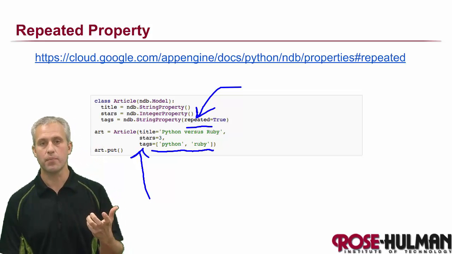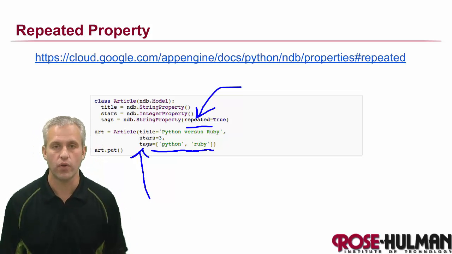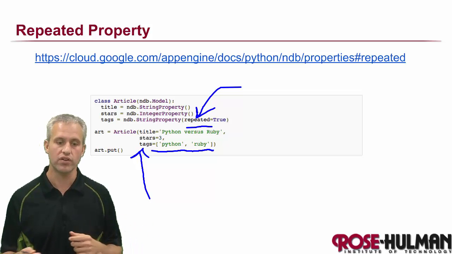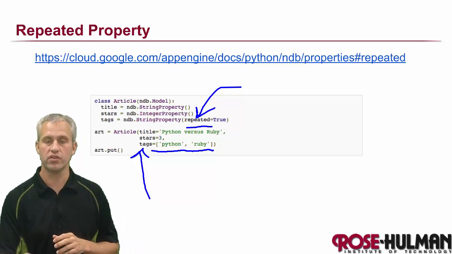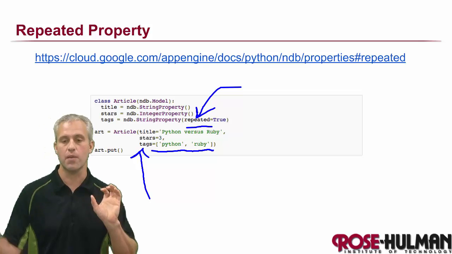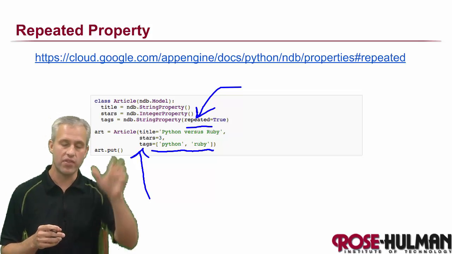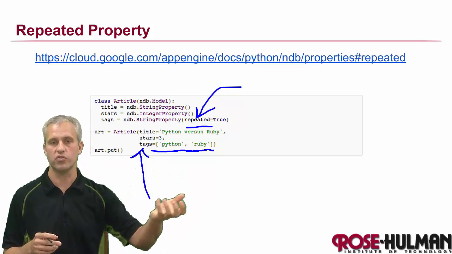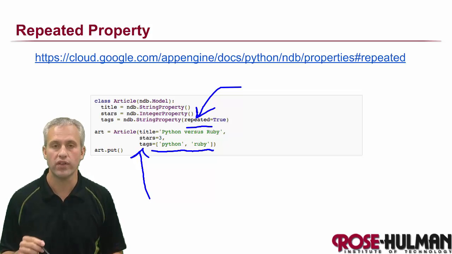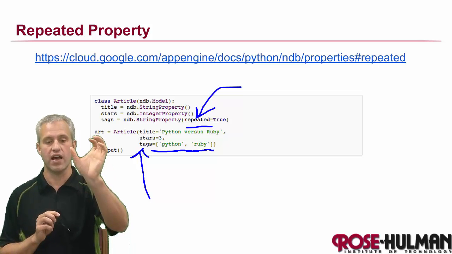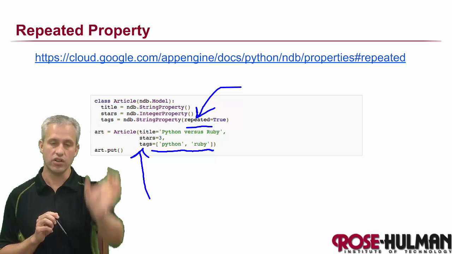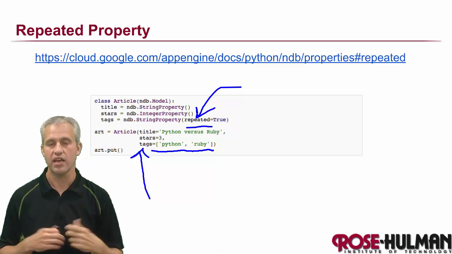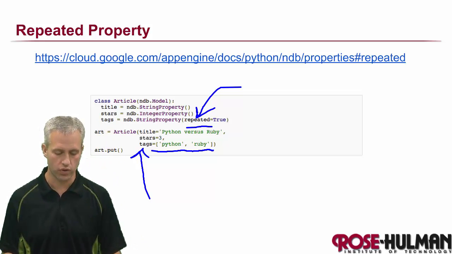And also, by being a Python list, if you know Python pretty well, there's a lot of cool things you can do with a list. The main one we'll use in this app is append. You can easily append something to it, and then when you put it back, that list will just be updated. There's also some cool things you can do with queries. If you've got anywhere in your list something that matches this thing, it'll find it. So it works out really well with queries as well.